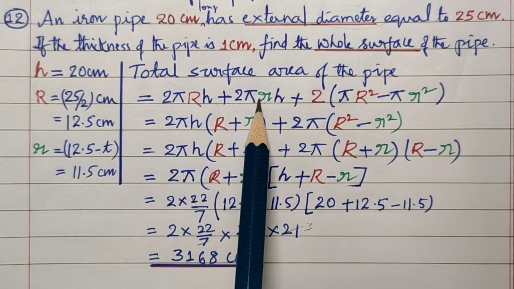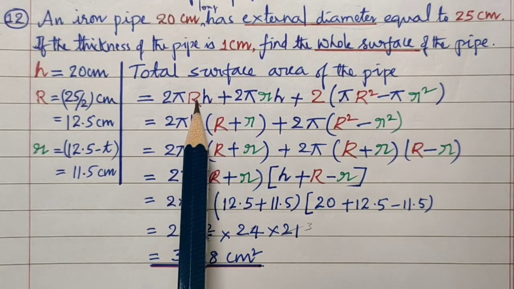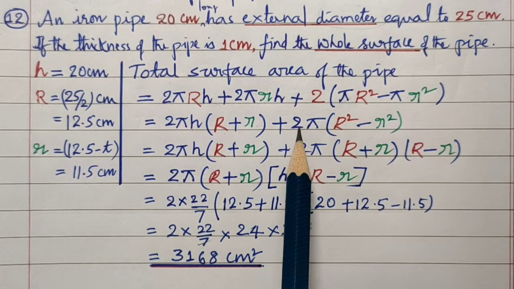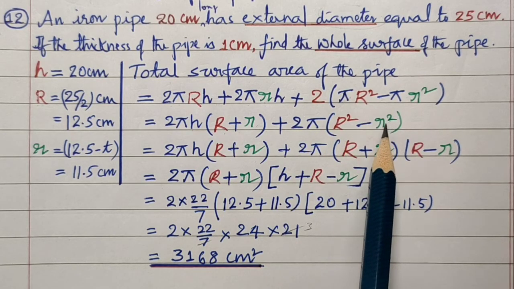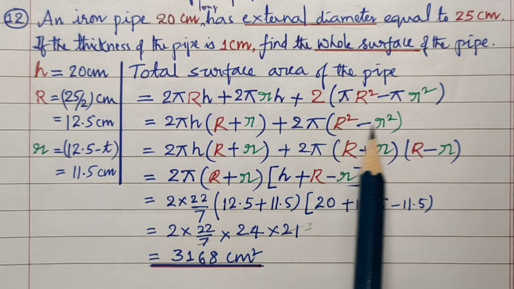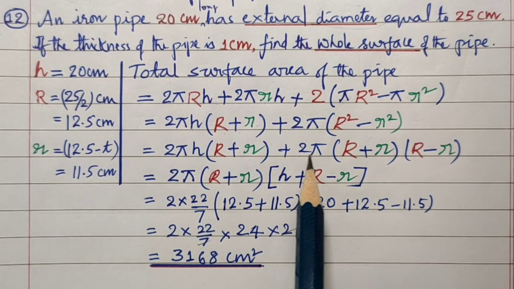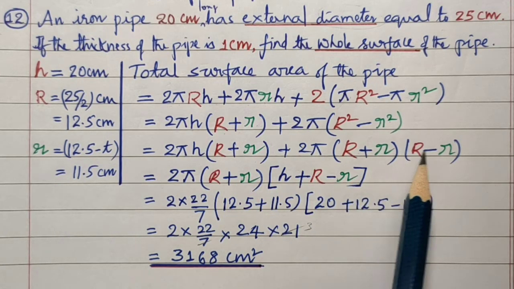Take 2 pi h common: 2 pi h (R plus r). Take pi outside: 2 pi (R square minus r square). We know this is in the form a square minus b square, which is (a plus b)(a minus b). So 2 pi h (R plus r) plus 2 pi (R plus r)(R minus r).